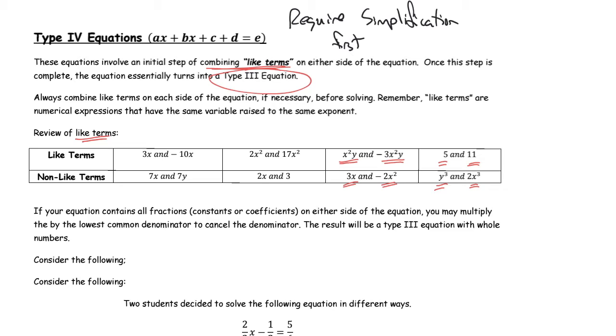Now, another thing that you might consider is if your equation contains all fractions for the constants or the coefficients, one of the things you can do is simply multiply every term on both sides by the common denominator. You've got to make sure you do this to every term on both sides.